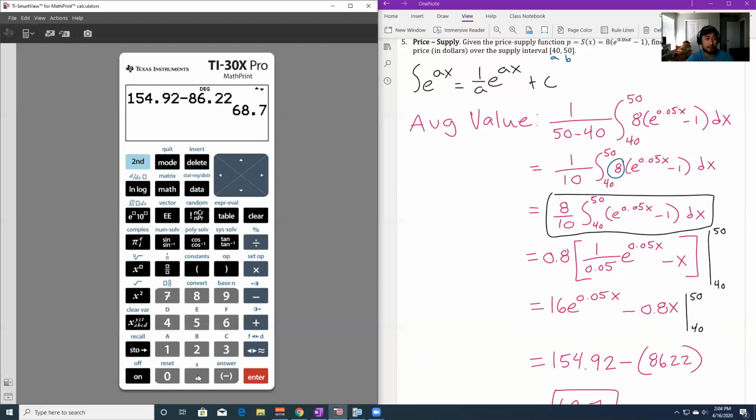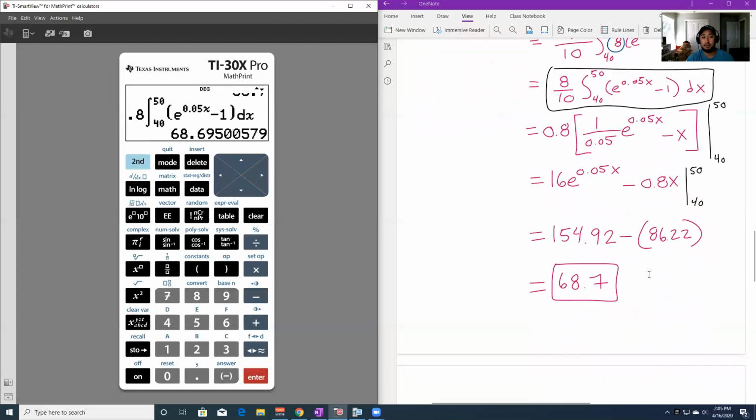Well, 8/10 is 0.8, so 0.8 times the integral from 40 to 50 of e to the 0.05x minus 1 dx.